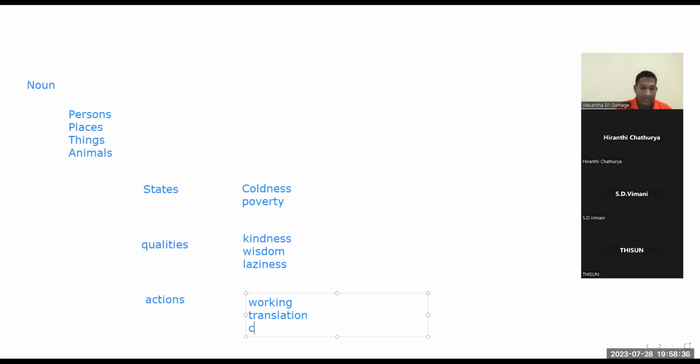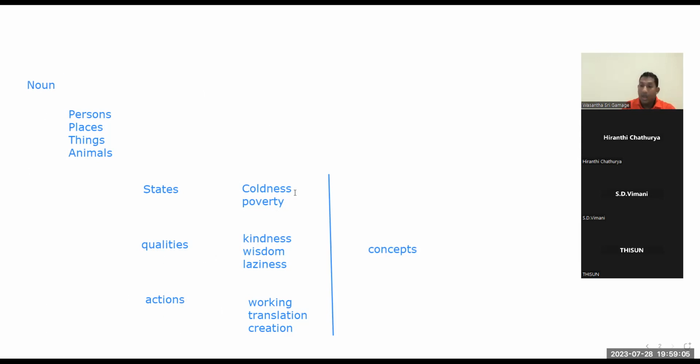If you create something, the noun is creation, right? All these things I can commonly term as not real things. We cannot touch these things, or we cannot see these things sometimes. So generally we can call these things concepts. These things are in our mind, concepts. Or else we can keep this category: states, qualities or actions.